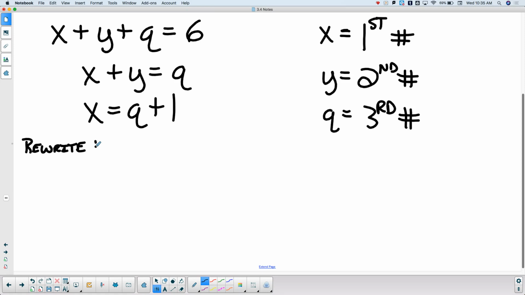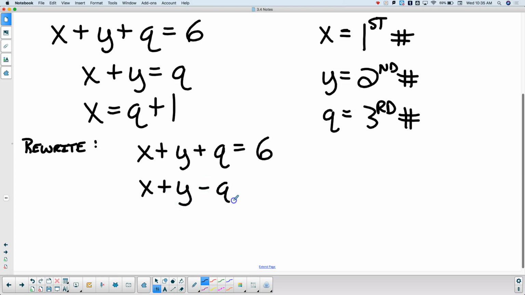So the first one is going to be x plus y plus q equals 6. The second one on the rewrite is x plus y minus q equals 0. Third one on the rewrite is x plus 0y minus q equals 1. Agree with all of that?